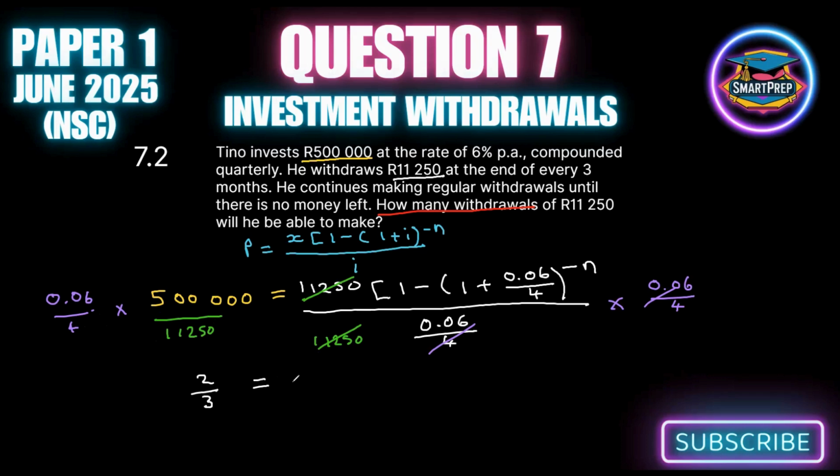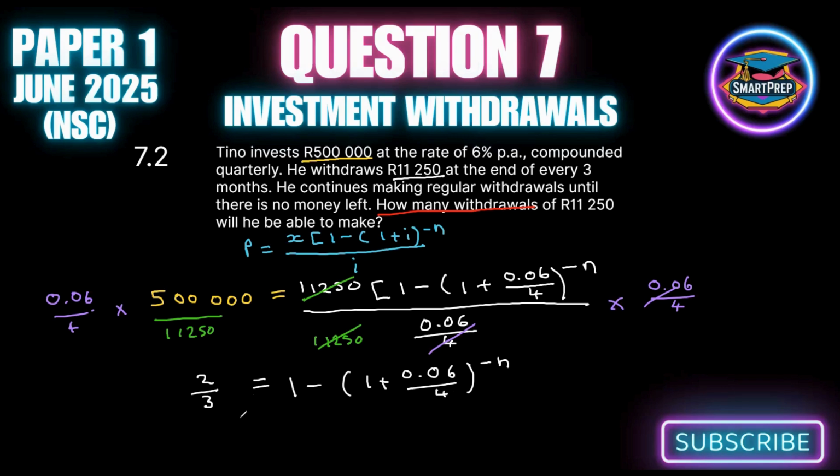So then I have 1 minus (1 plus 0.06 over 4) to the power of minus n. Now what do I do next? Well, I can take the 2 over 3 and subtract the 1. And so then I'll get negative a third equals negative this (1 plus 0.06 over 4).